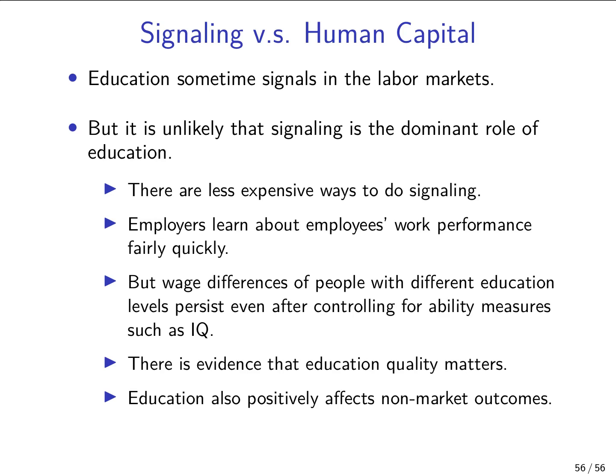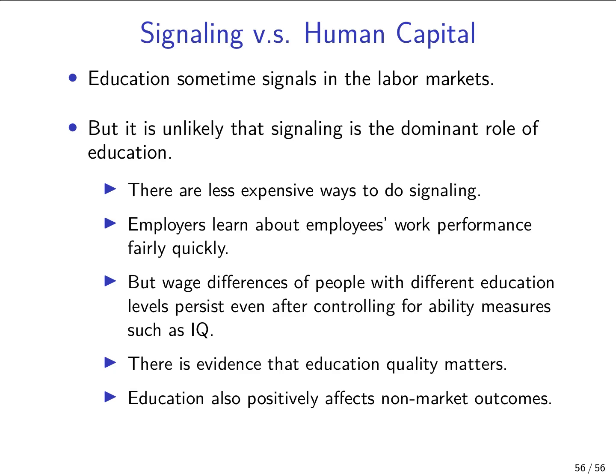And there's some evidence that the quality of education matters, which again is more likely related to human capital production as compared to signaling. Also, there's evidence that education positively affects other non-market outcomes, such as having better health and being more likely to participate in civic society.